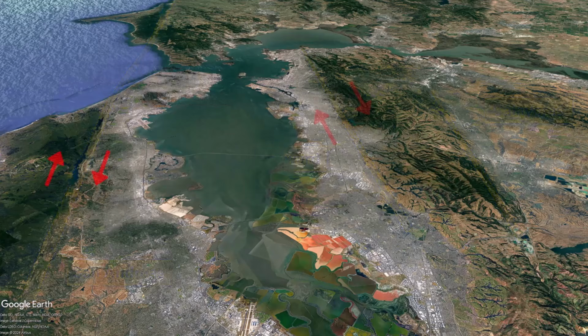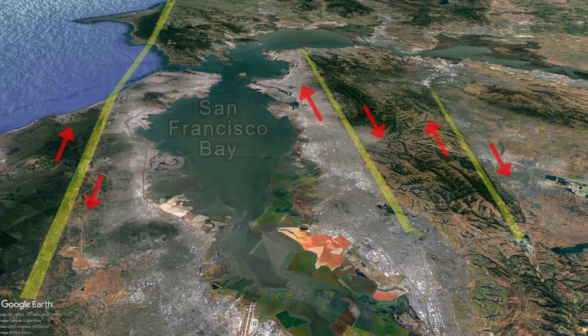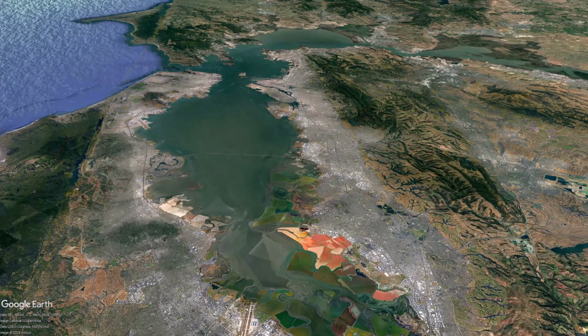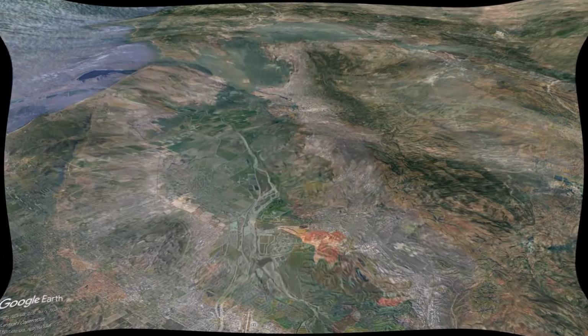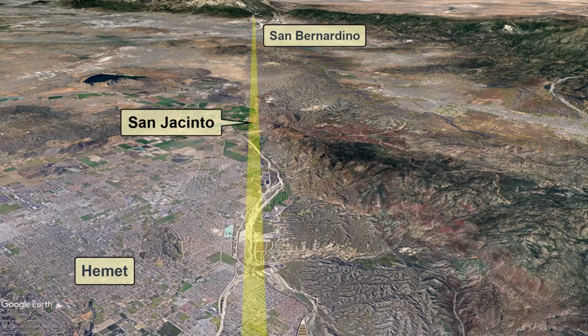You can clearly see how the strike-slip action of both the San Andreas and Hayward faults actually created the San Francisco Bay by spreading apart the land between the San Andreas and Hayward faults, making a depression for water to flow into. The reason that I'm showing you this is many of the landscapes you'll see created by the San Jacinto was created very similarly.